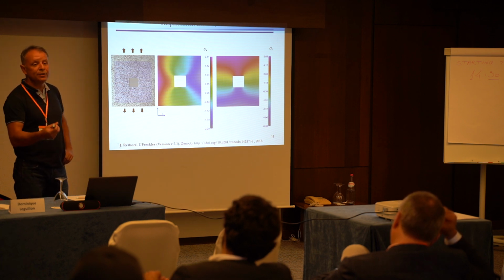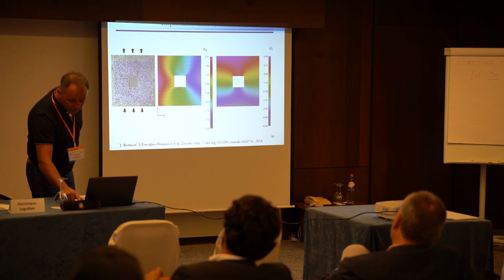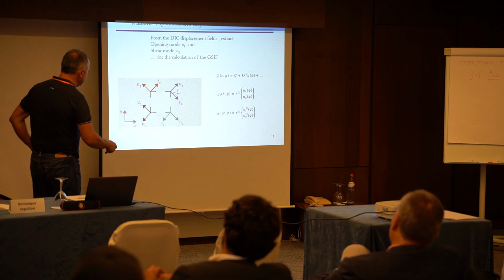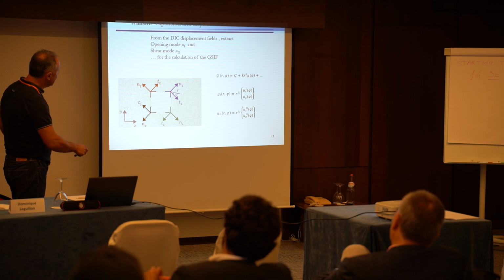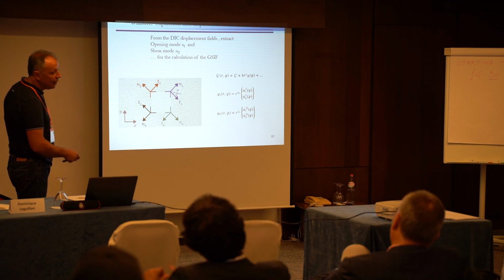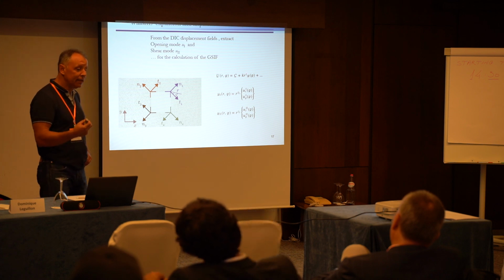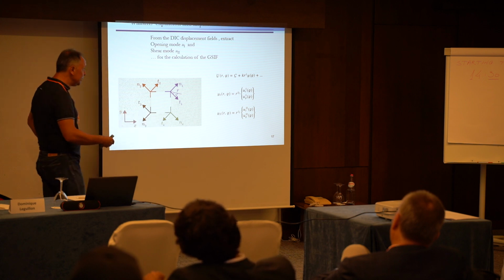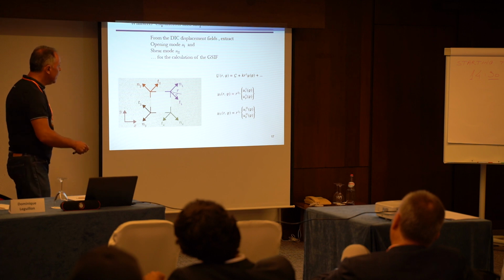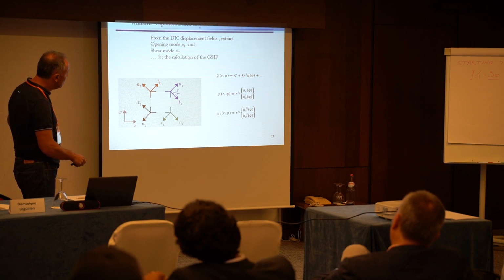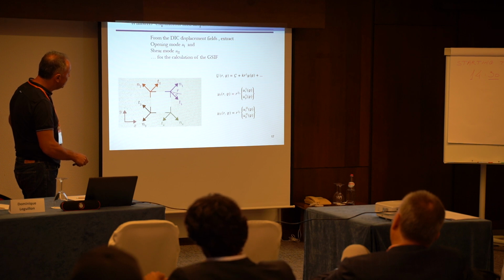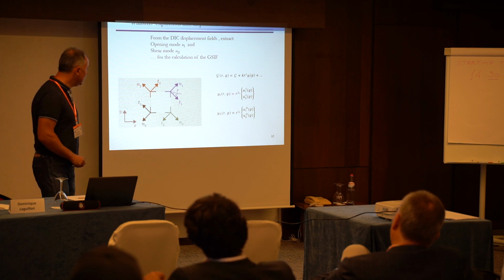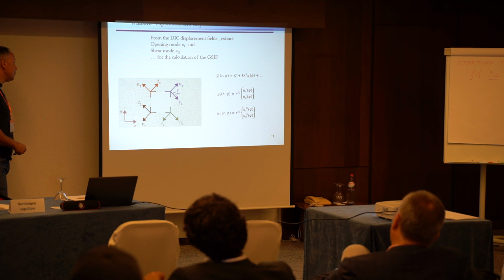And then from this we do what? We try to extract, assuming the displacement field has this shape: a constant term, and k r to the power lambda, lambda being distinct from 0.5 in the case of a notch, which has been tabulated and shown this morning by Alberto Sapora. You have to distinguish mode 1 and mode 2 with exponents lambda 1 and lambda 2, which are different, as presented this morning.